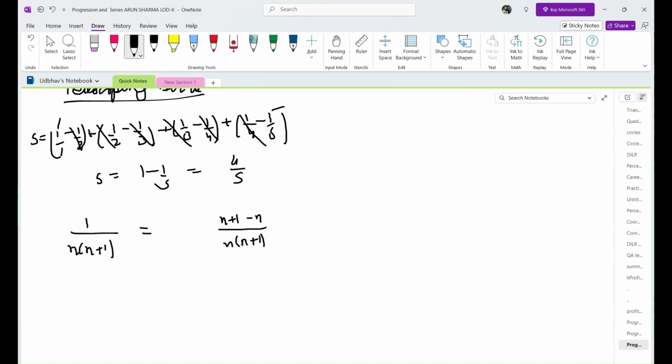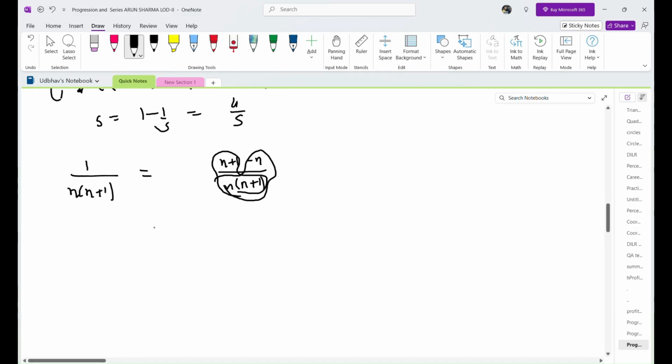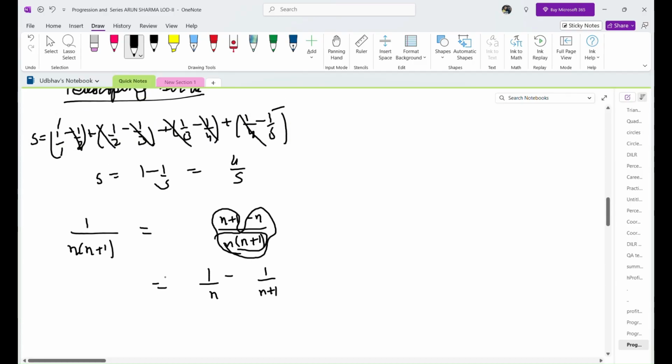Now we can open this fraction and take this as one thing and this as another thing. So we'll get 1 upon n minus 1 upon n plus 1. So that's what we are getting.